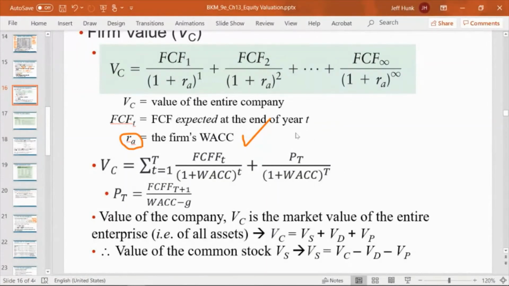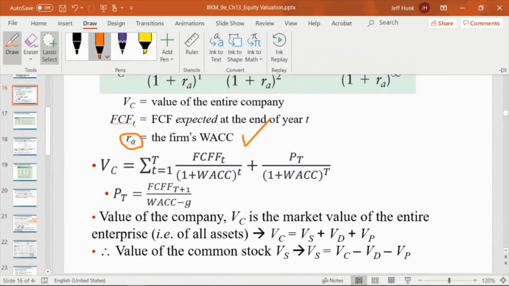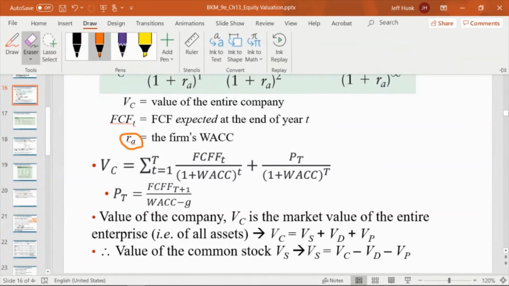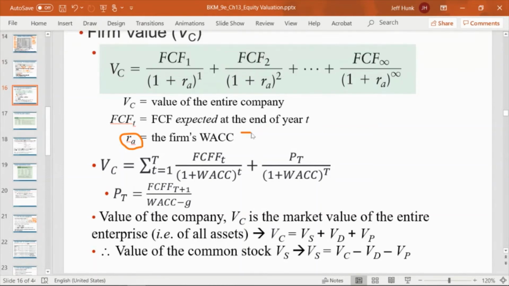Weighted average cost of capital literally means cost of capitals are averaged by their weight. And what do we know cost of capital is?